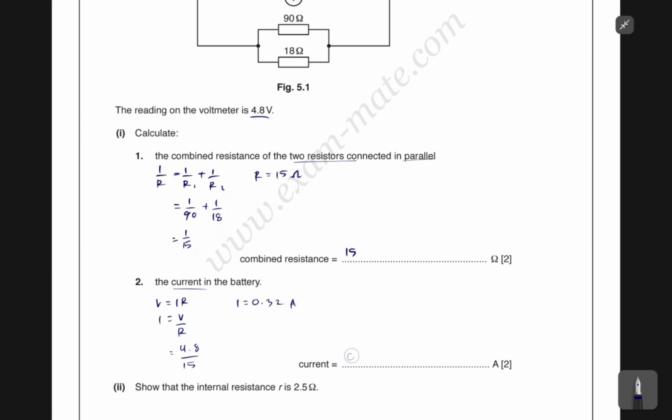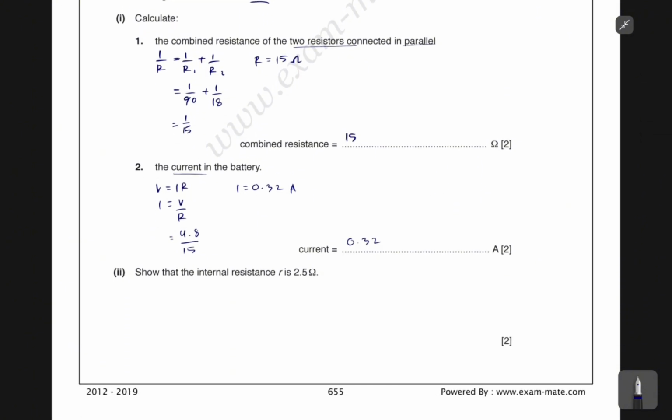Show that the internal resistance r is 2.5. We will use the EMF formula, which is E equals V plus Ir.